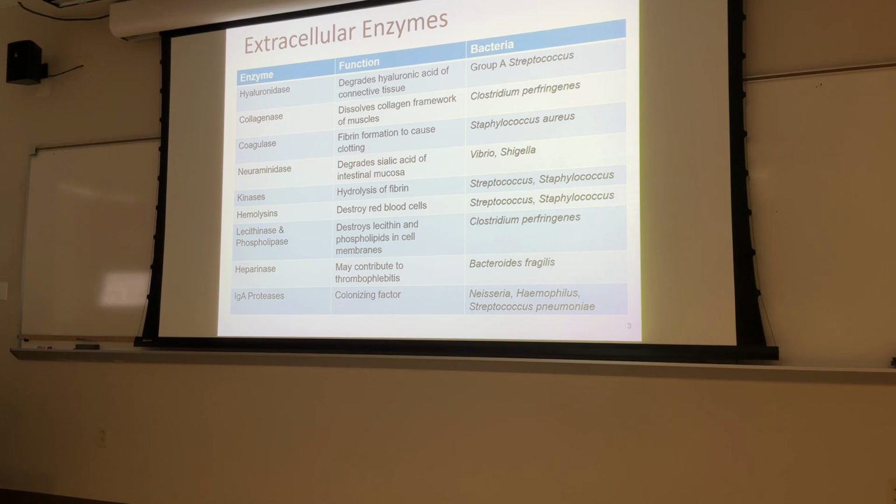So, why do you think they refer to IgA protease that way? Protease breaks down IgA. Why do you think we refer to that as a colonizing factor? You need it to establish the infection. If you have a bacterium with IgA protease, say it's a respiratory tract pathogen, we have IgA in all those secretions.